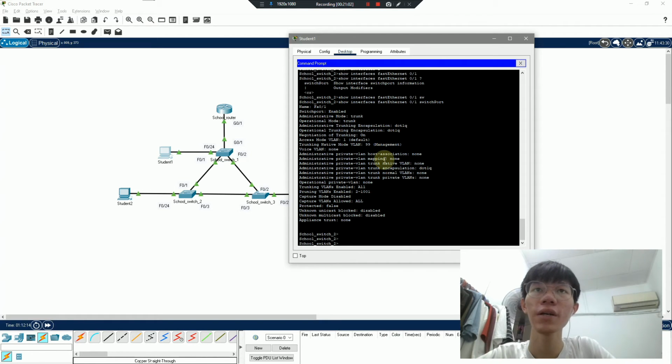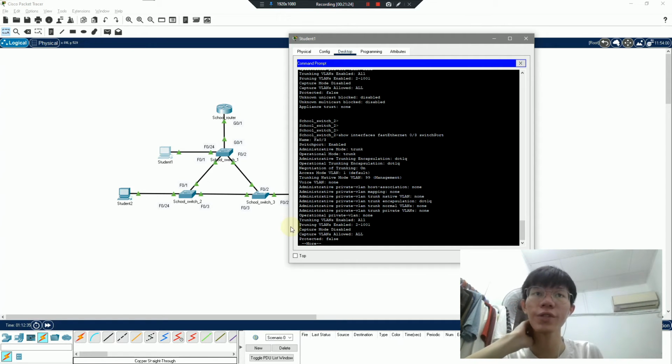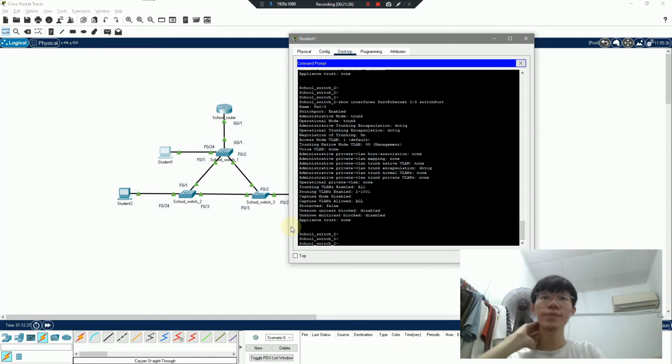So this is for the interface FastEthernet 0/1 on the switch 2, which is switchport enabled and in the mode trunking, and the native VLAN is 99. Yeah, so the next is the FastEthernet 0/3, which is connected to the switch 3. So the switchport is enabled and trunking, with the native VLAN 99.